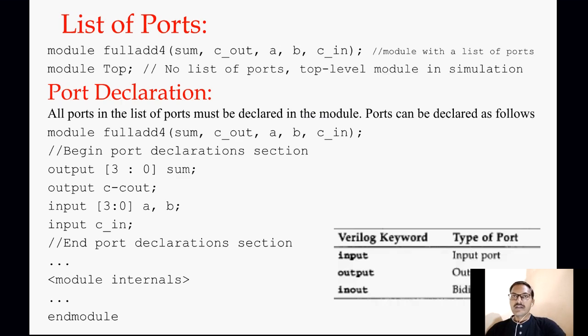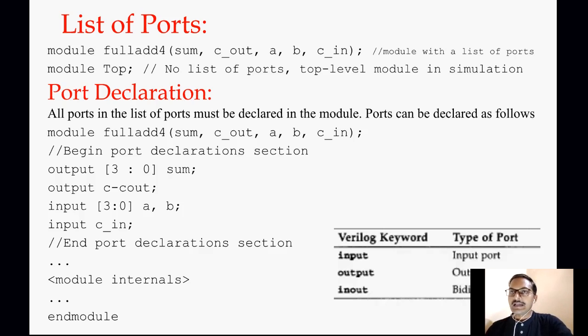So module is a keyword, then full_add4 is the module name, then this parenthesis is nothing but a port list. Port list is nothing but the terminals of the basic building block. Then module top. Now how to write the port declaration? All the ports in the port list must be declared in the module.